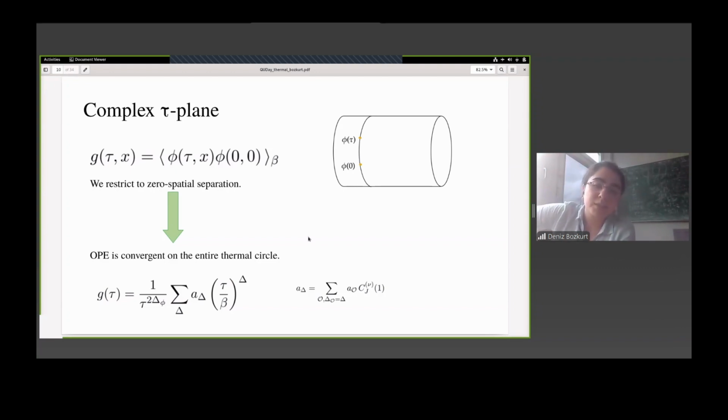And this simplifies the OPE that I showed you drastically, such that when the spatial separation becomes 0, the Gegenbauer polynomials become constant, and then the OPE coefficients that appear in the expansion include the sum over these contributions of operators which have the same scaling dimension but different spins.